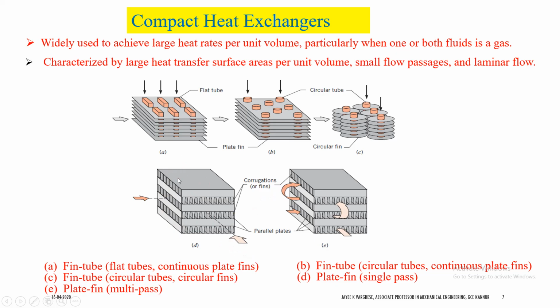So they are cross flow heat exchangers only, but we can see that there is only one pass for each fluid, from left to right, and it exits at this end.